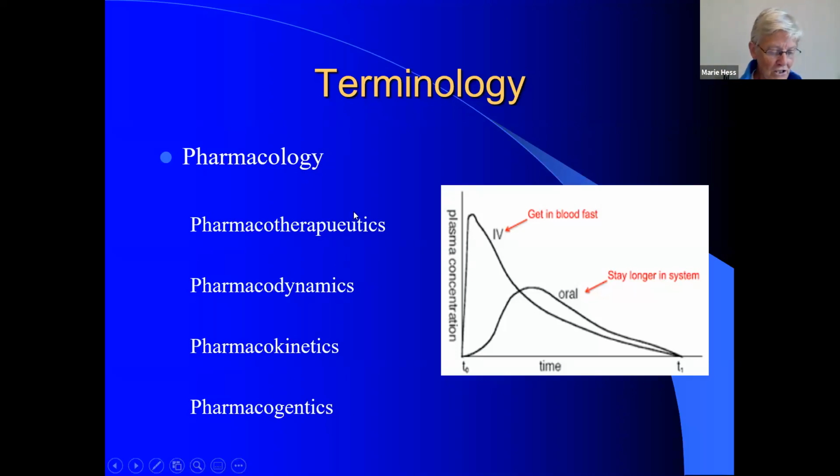So pharmacology is the study of interaction between drugs and living systems. That's the general definition. Now there are lots and lots of areas of pharmacology, but I've chosen these 4, and these are the 4 that we will focus on for quizzes and exams. The first one is pharmacotherapeutics. Pharmacotherapeutics deals with the therapeutic effects of medications. It talks about drugs in the human body for specific applications.